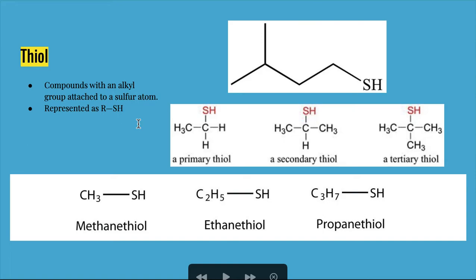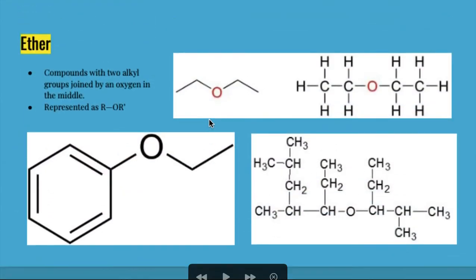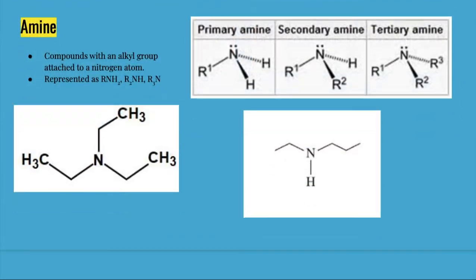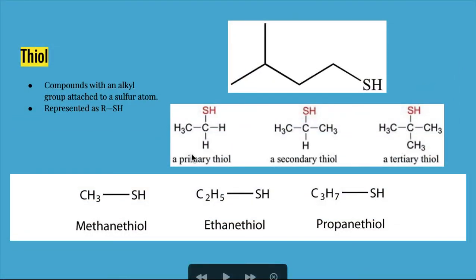So this one would, again, go back to the original classification that we talked about with alcohols and alkyl halides, sorry. So yeah, the primary thiol would look like the carbon that's attached to the thiol group would have one R group attached to it, and the secondary one would have two R groups, and the tertiary would have three R groups.